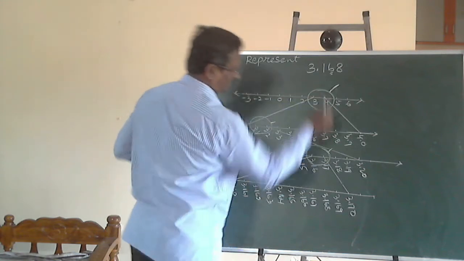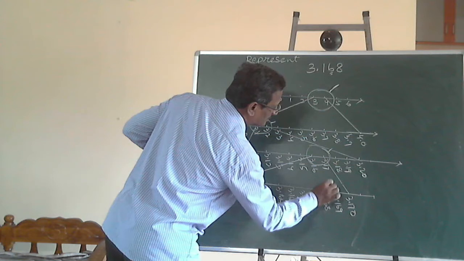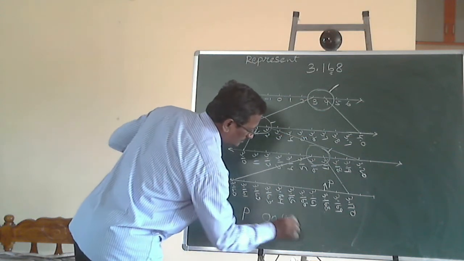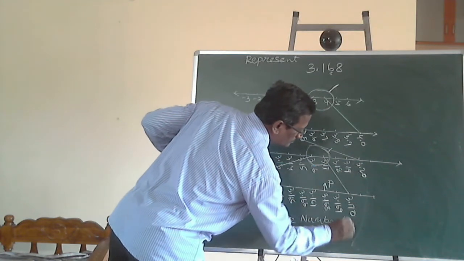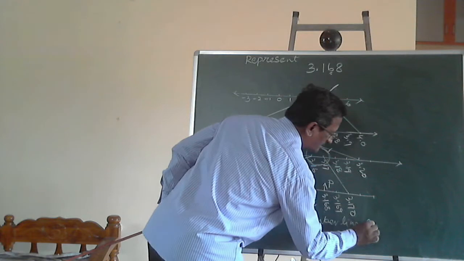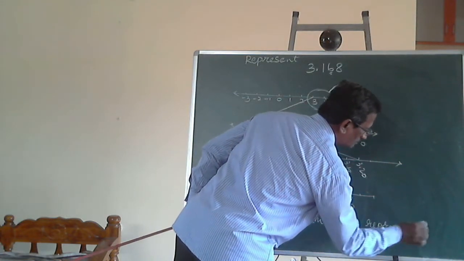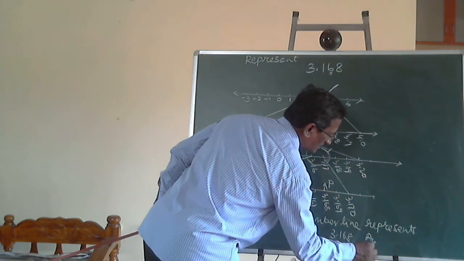Now 3.168 is appearing here. Let us say this is point P on the number line that represents 3.168. Answer.